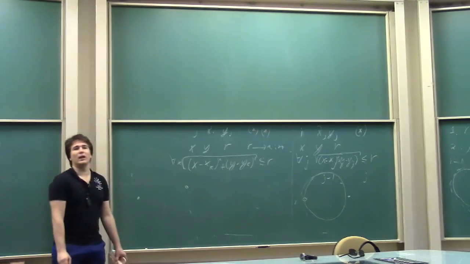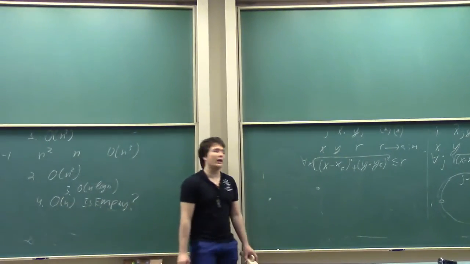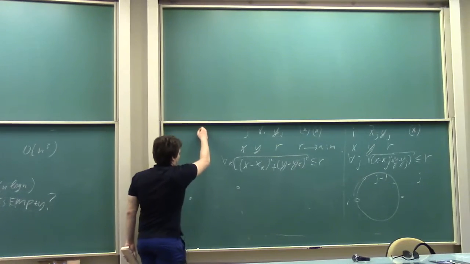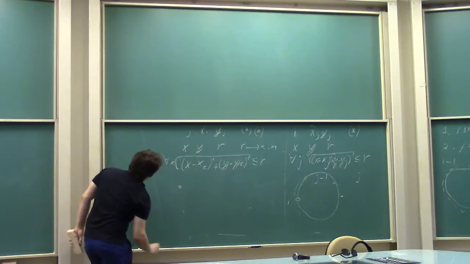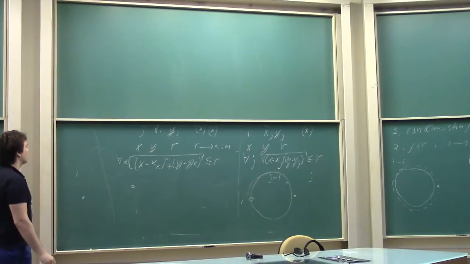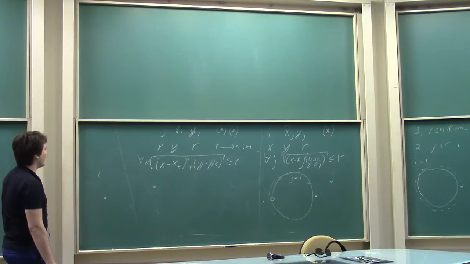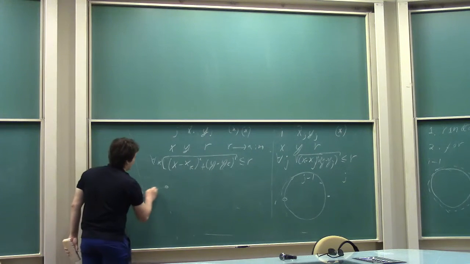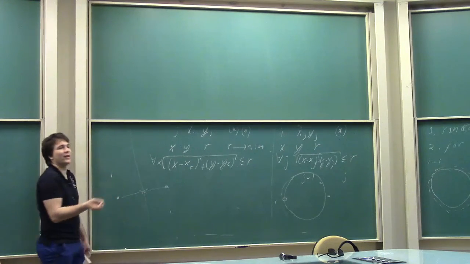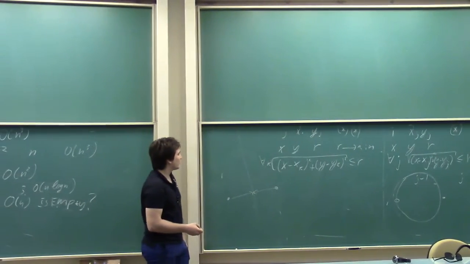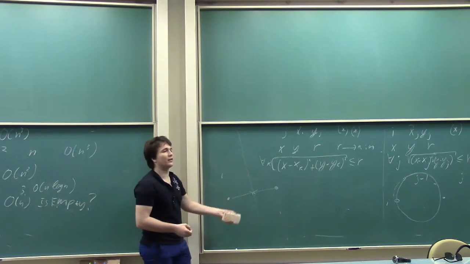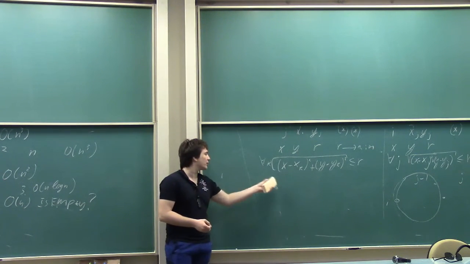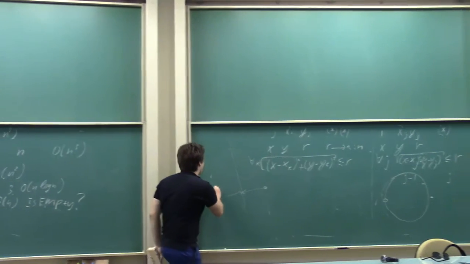If both these points lie on the circle, what we can say is that if we take the line, I don't know the English name for this line, the line of the points that are equidistant, so this is the line of the points that have the same distance to these 2.